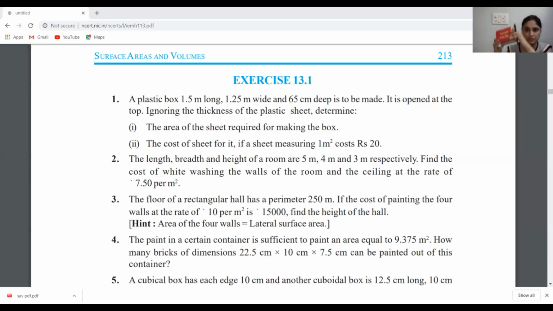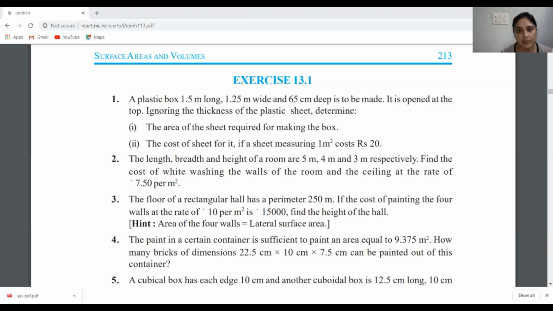equals to 250 meters. Now बच्चा, if the cost of painting the four walls at the rate of rupees 10 per meter square is 15,000, find the height of the hall. तो अगर आपको कॉस्ट गिवन है पर 10 मीटर स्क्वायर की, तो हमें क्या फाइंड आउट करना है? हाइट ऑफ द वॉल.